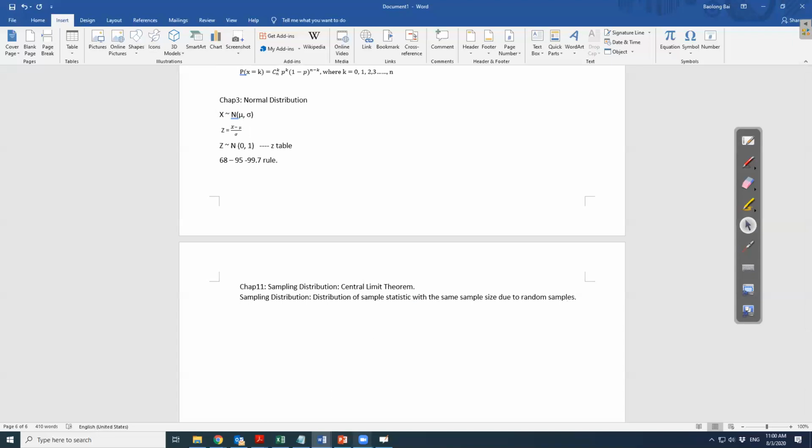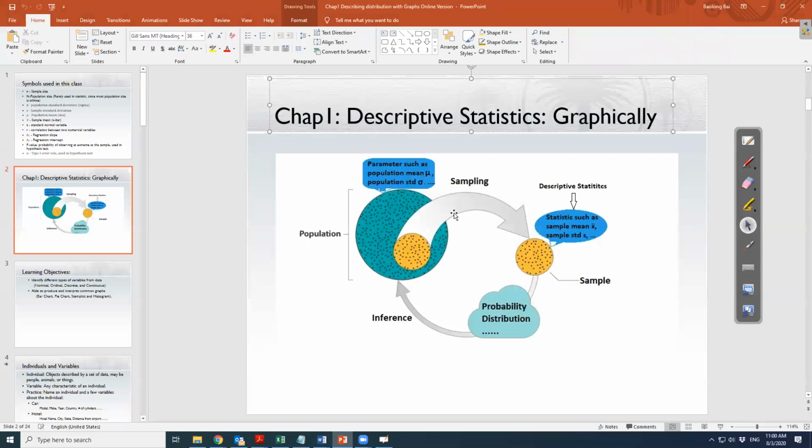If you look at the picture here, when you take a random sample out, from here we can calculate a sample statistic, X bar. You can calculate the sample standard deviation, S. This is just from one random sample with any sample size. For example, you can set sample size n equal to 10.